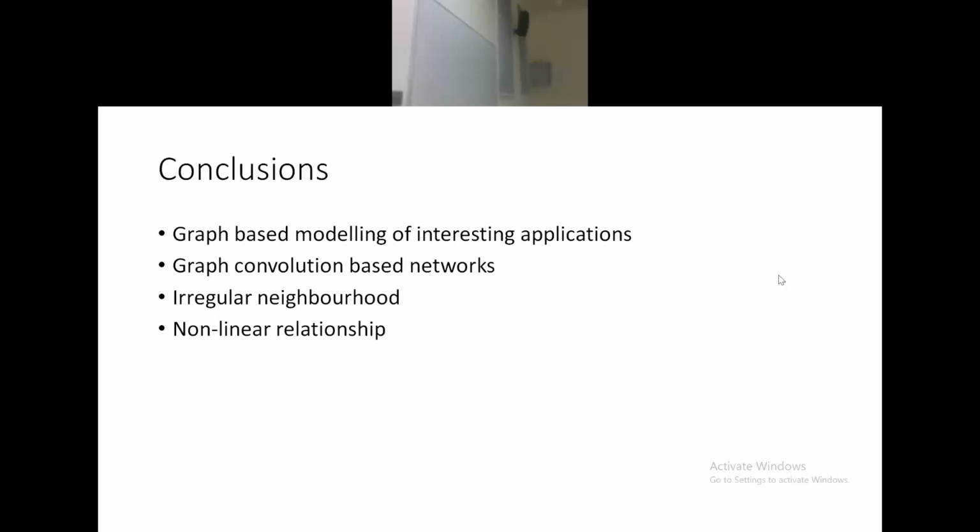The relationship of other action units with respect to these actions is not in a very regular fashion. In an image, the neighborhood is very regular: 4 neighborhood, 8 neighborhood, or if it is a 3D image, 6 neighborhood, 18 neighborhood. The definition of neighborhood is regular. But if it is irregular, if it is non-linear, then maybe a graphical approach is a good approach to work.